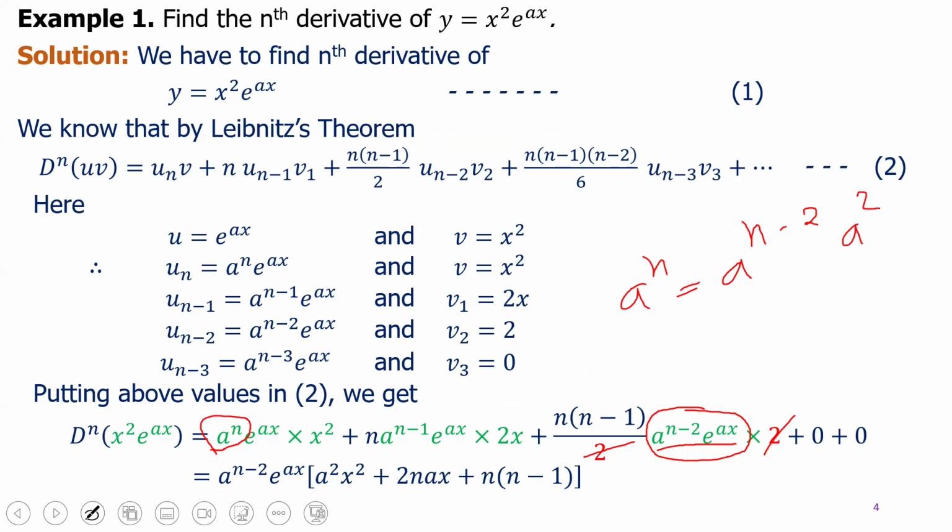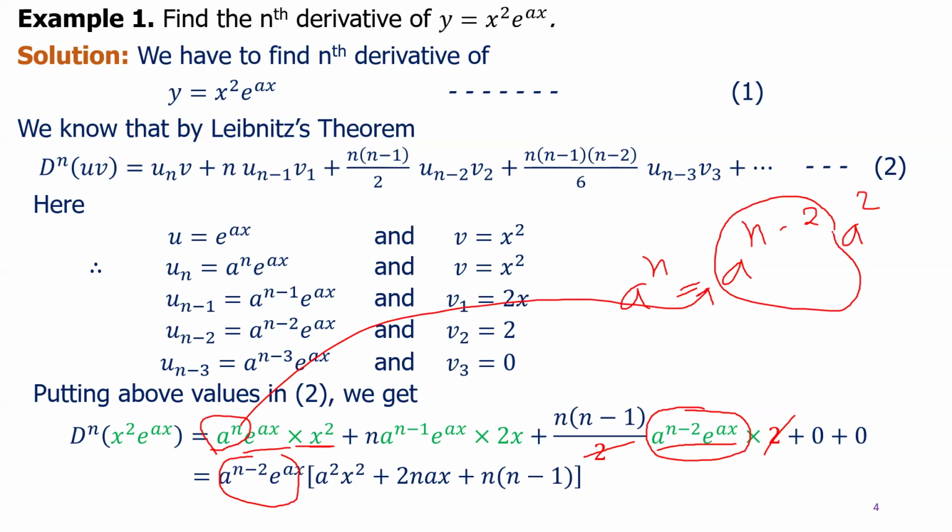If we are taking a to the power n minus 2 e to the power ax outside, what is remaining in the first part? First x square is remaining, and since we have taken a to the power n minus 2 outside, the remaining is a square. So a square x square is remaining in the first part.